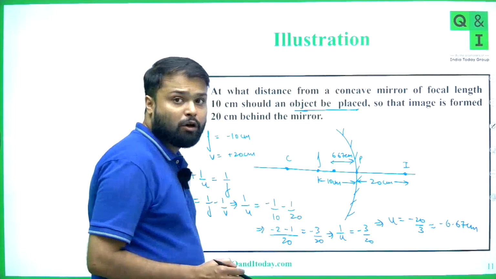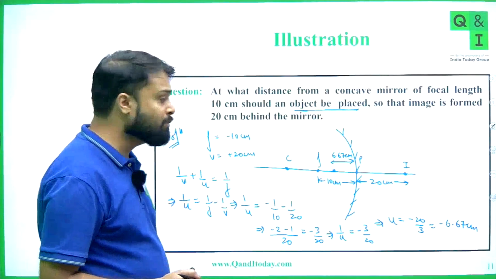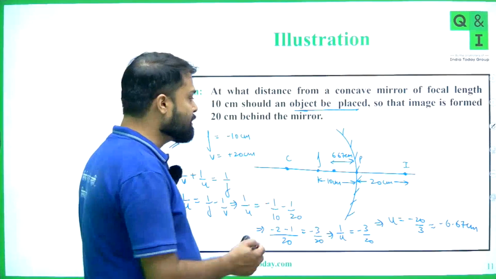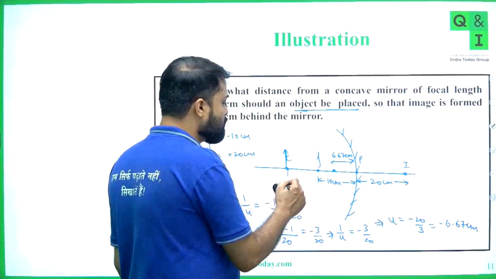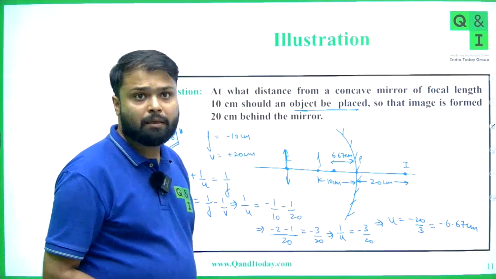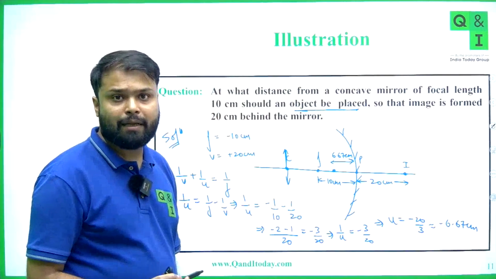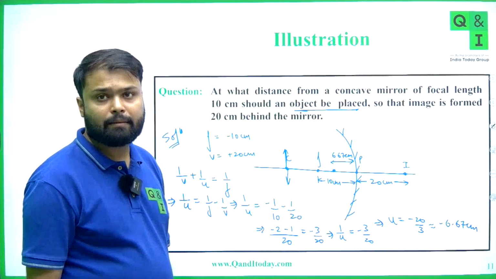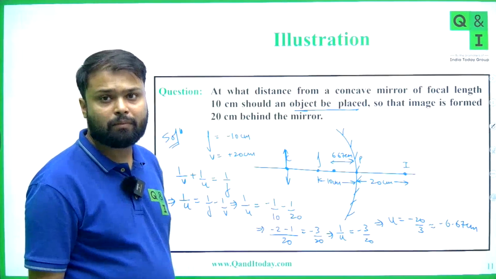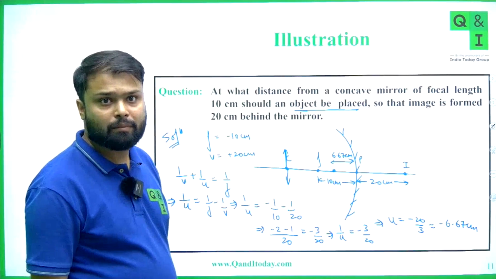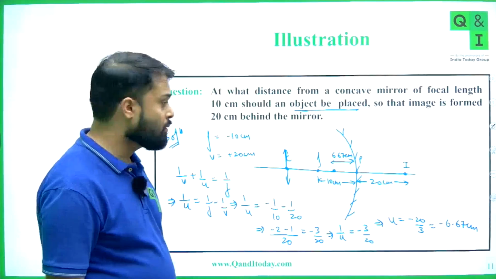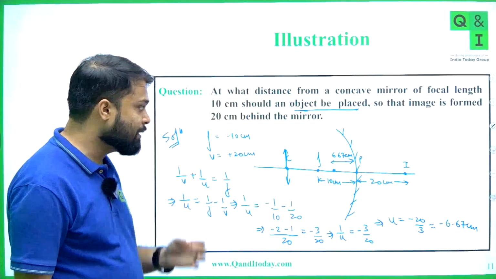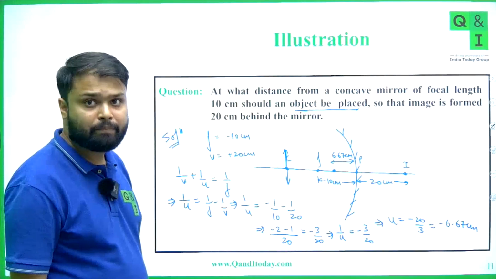If the object is at the center of curvature, the image is also at the center of curvature. That's what we studied in the ray diagram, yes or no? Yes, sir. Good. So the answer is minus 6.67 centimeter, not 20 centimeter.